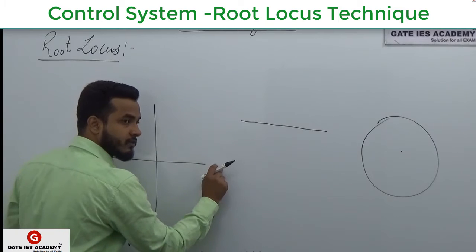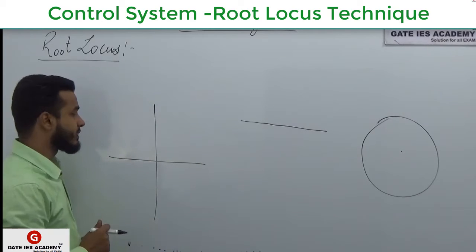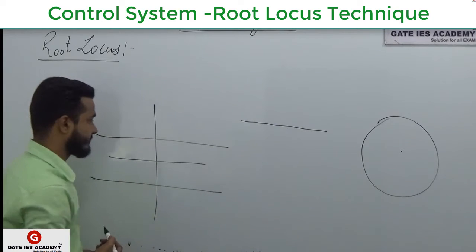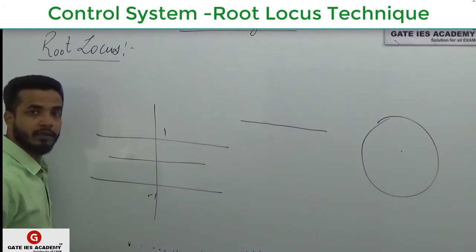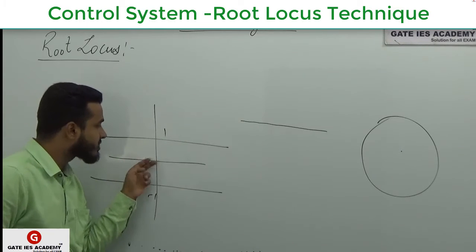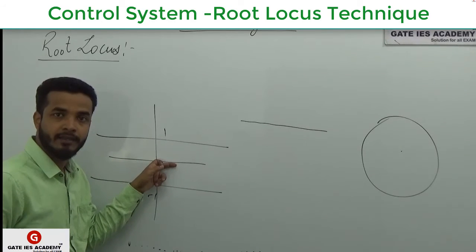This is the x-axis. And for unity distance, this will be the first line and this will be the second line. Here it is 1, here it is -1. That means all the points on these two lines have unity distance from this particular line.